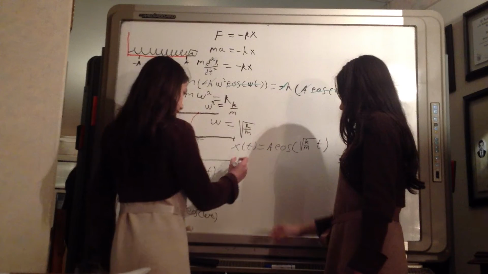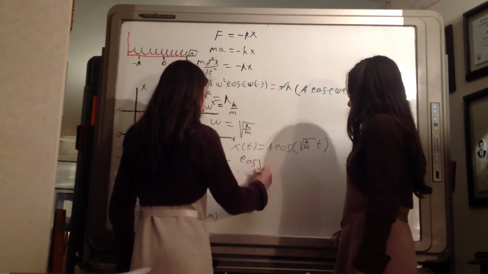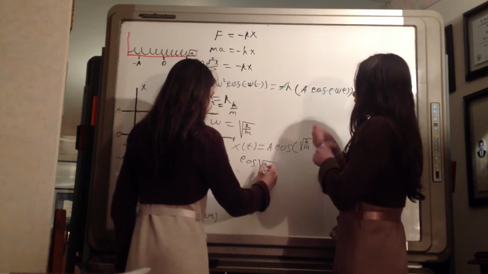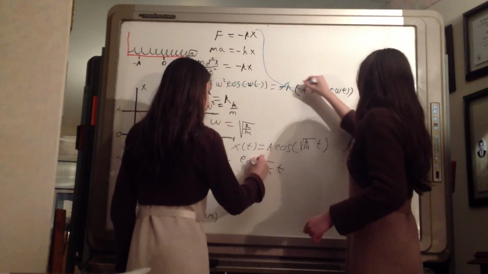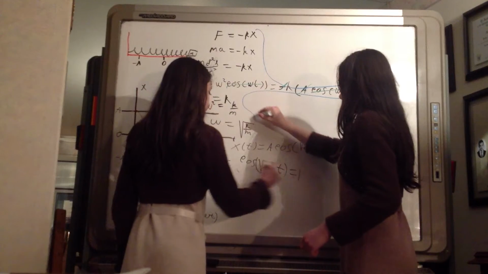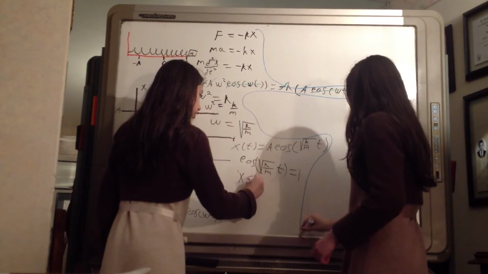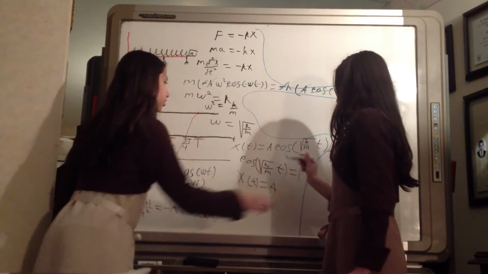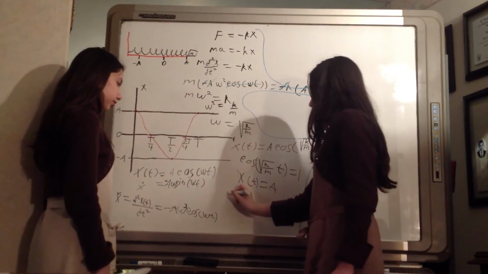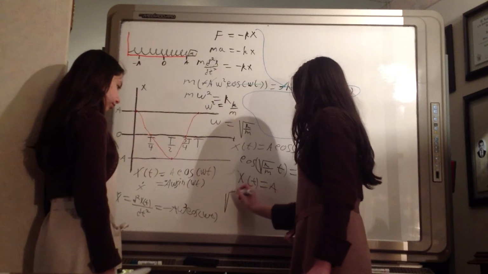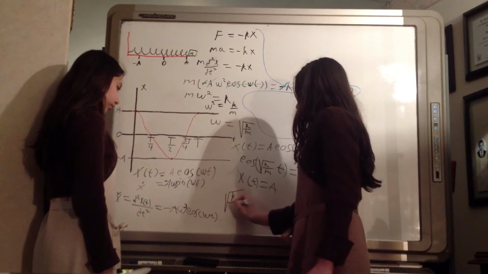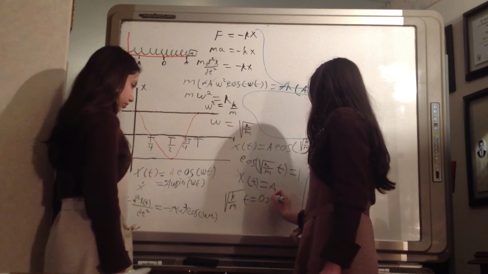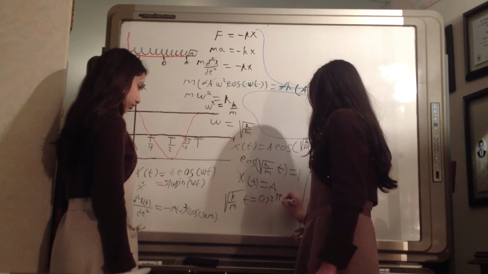And when the cosine of the root of the constant of the spring over the mass times t is equal to 1, x of t is equal to the amplitude. And this is true when the root of the constant of the spring over the mass times t is equal to 0 or 2 pi or 4 pi.